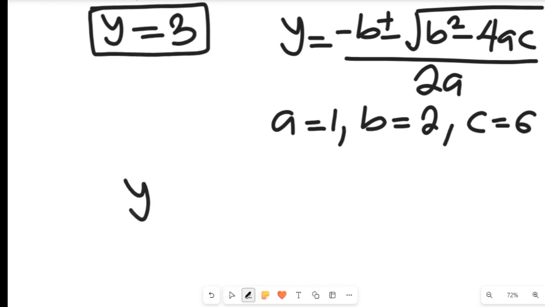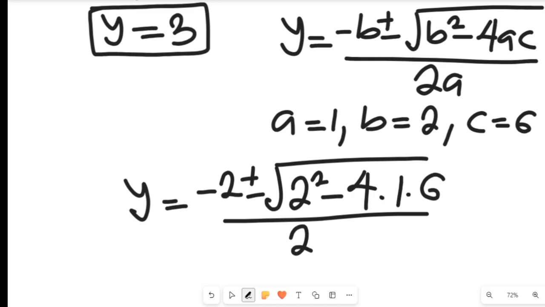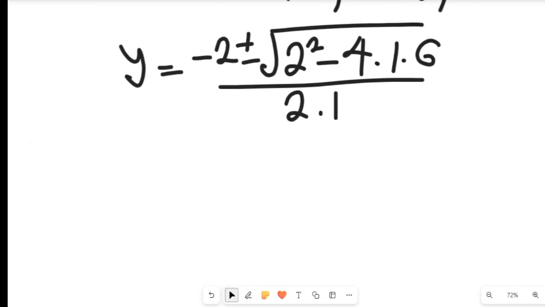Our y will be equal to negative 2 plus or minus the square root of 2 squared minus 4 multiplied by 1 multiplied by 6, all divided by 2 multiplied by 1. Great. Now let's simplify.